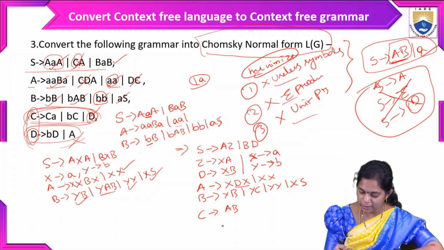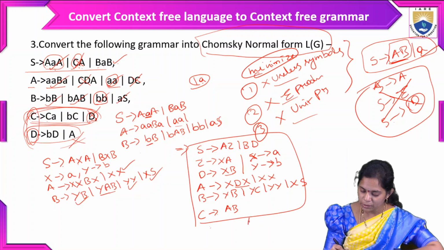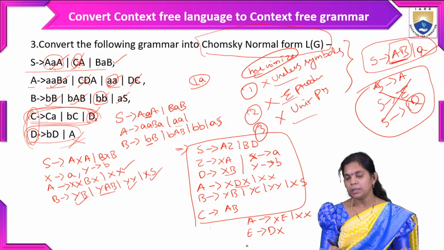And after this one I will write A tends to DX. So we will write it together as one, E tends to DX. So XE, XX. So all the remaining ones are now in the equation.